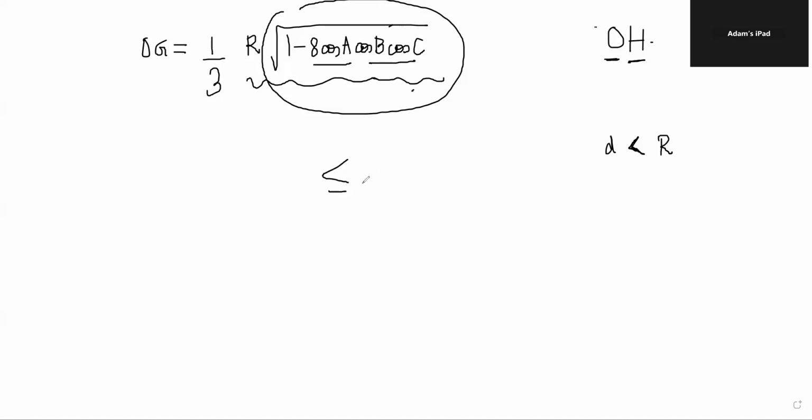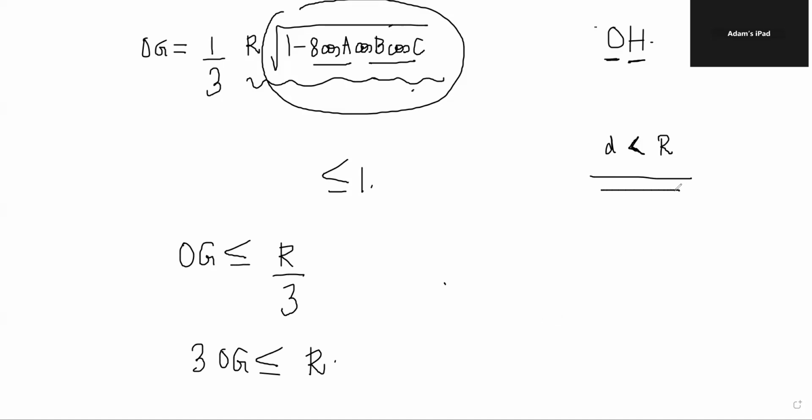Correct. So we can say OG is less than or equal to R by 3, and 3 OG is less than or equal to R. So that will satisfy this condition and D can be 3 OG, maximum. Do you understand what I'm saying?